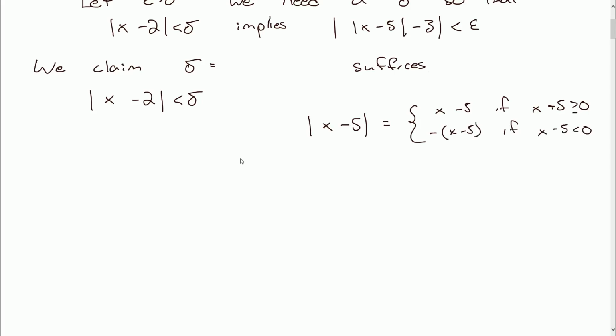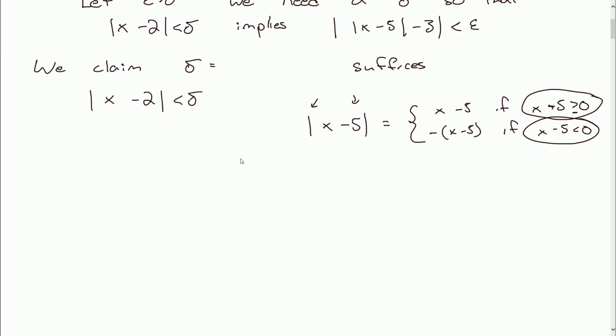Now, to start manipulating our expressions, I really don't want these bars here. So what I'd like is to guarantee one of these two statements. Then I could say x minus 5 in absolute value can just be equal to one of these expressions, because then I get rid of the absolute value bars here. And that's a great help.